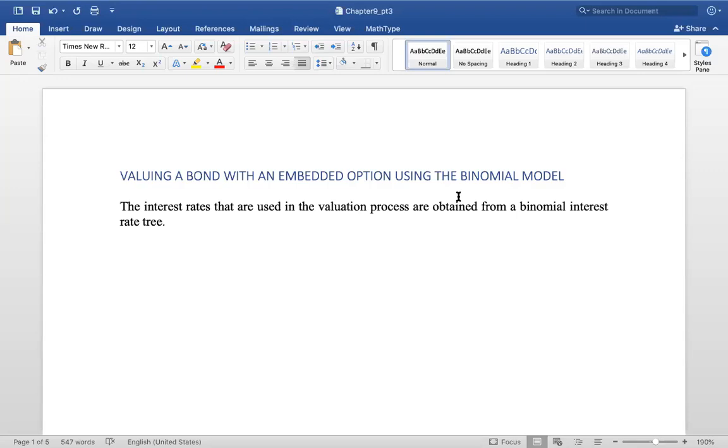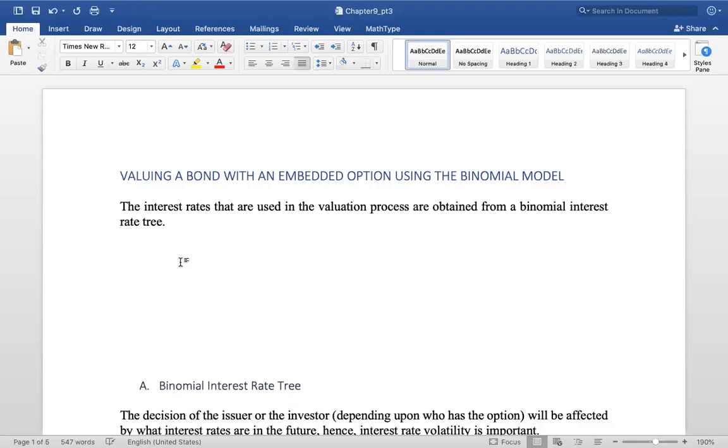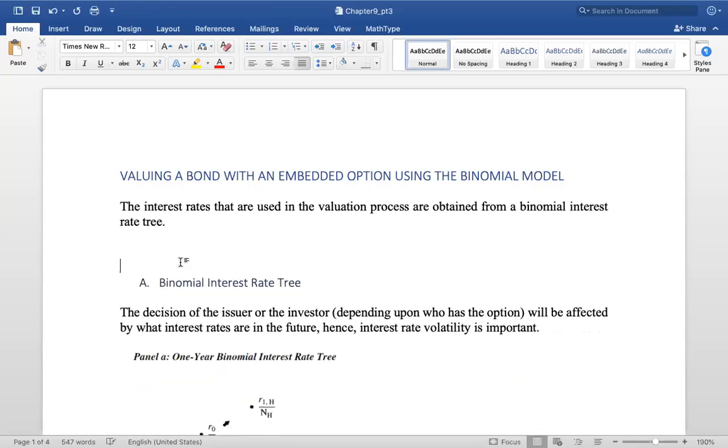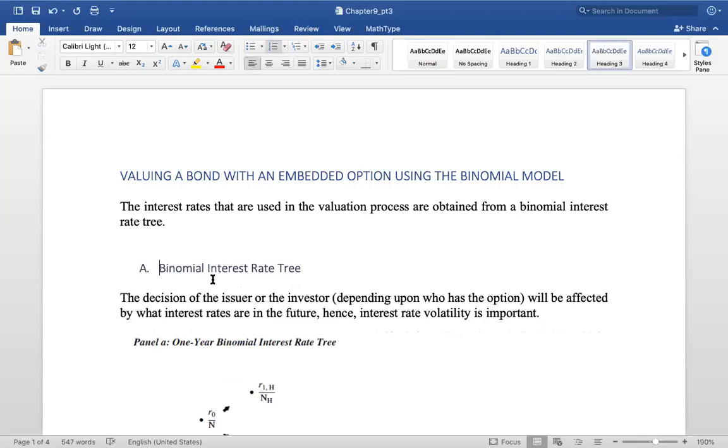The reason is that the decision of the issuer or the investor, depending upon who has the option, will be affected by the interest rates we have in the future, and we can obtain those using the interest rate tree.